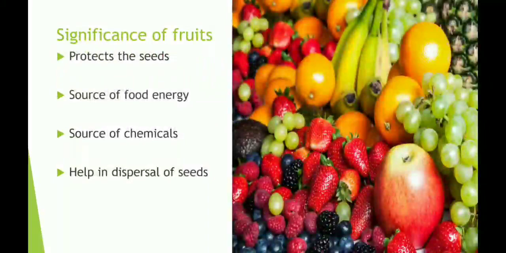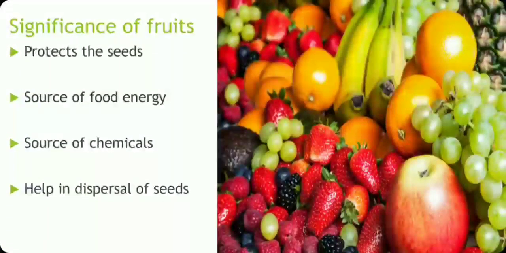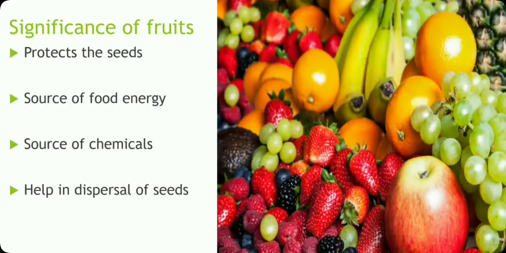Okay, jokes apart. So, the significance of fruit: yes, it protects the seed, and you know that inside the seed there is an embryo. So the first function of fruit is to protect the seeds from unfavorable climatic conditions. The second one is that fruits are a source of energy, for us and for animals also, especially in forest areas.